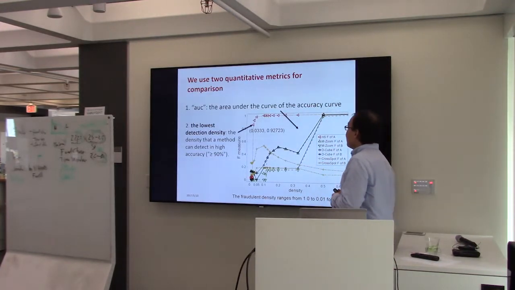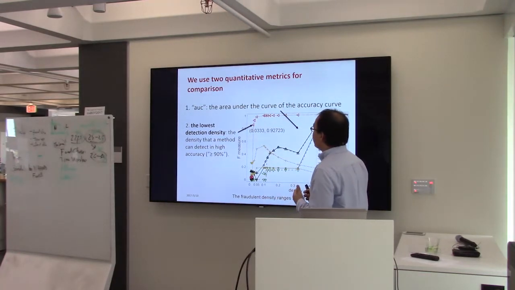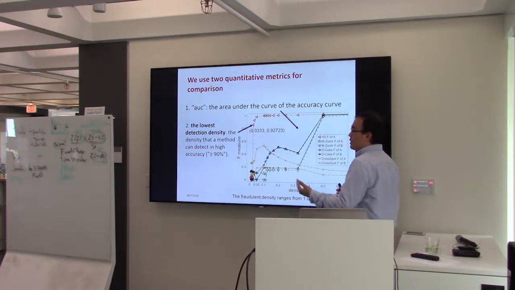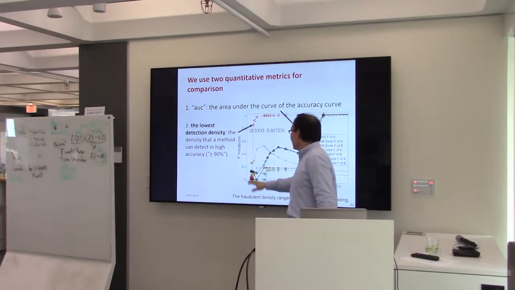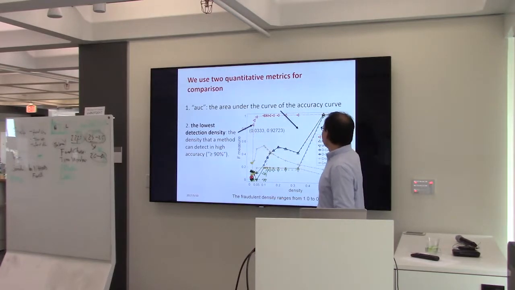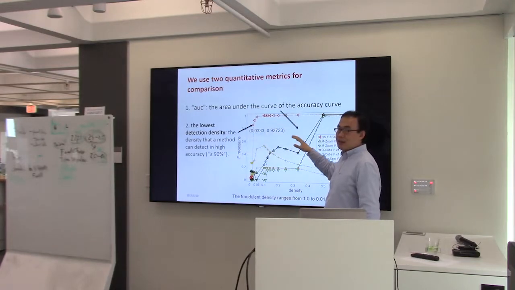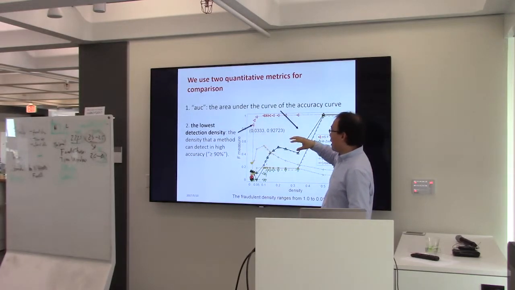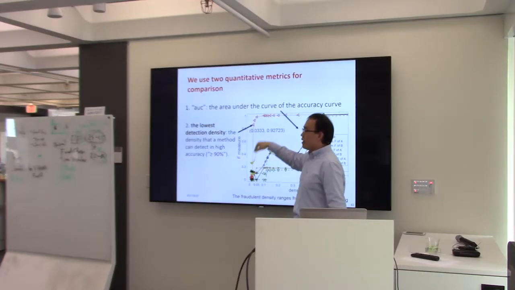For the whole data set, we define two metrics to measure the overall performance of the algorithm. First, we introduce AUC. AUC here means the area under the accuracy curve. So if the AUC is higher, the algorithm has higher accuracy.